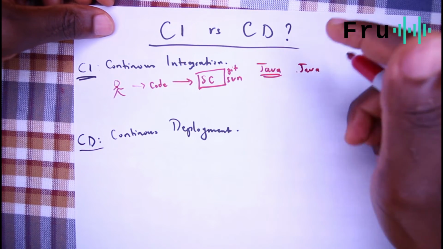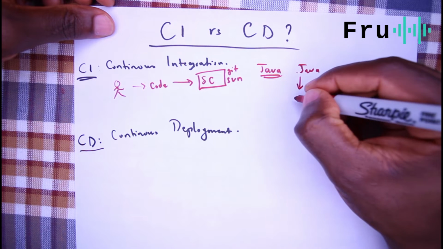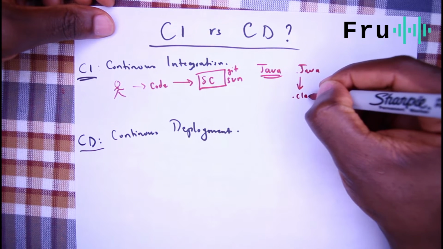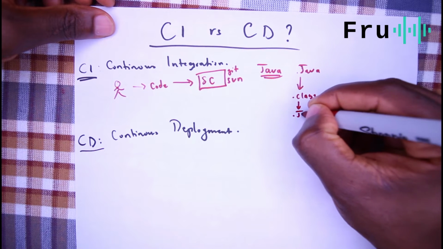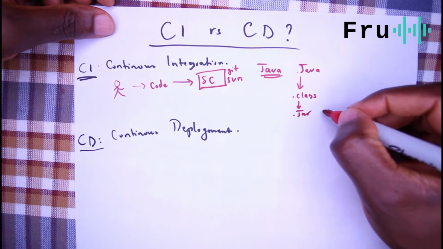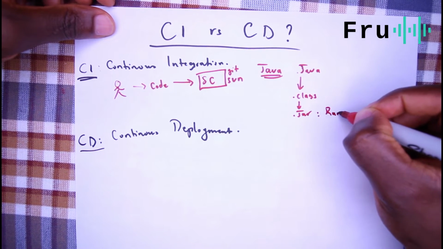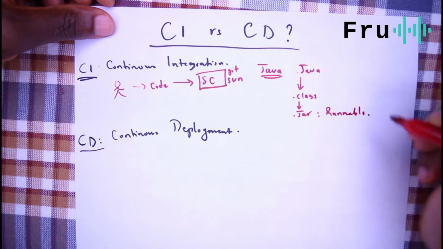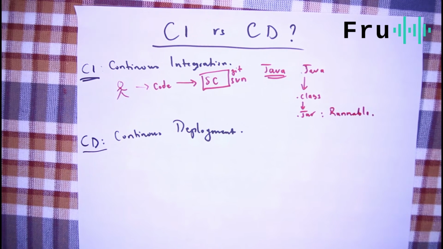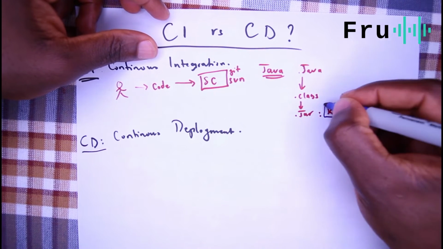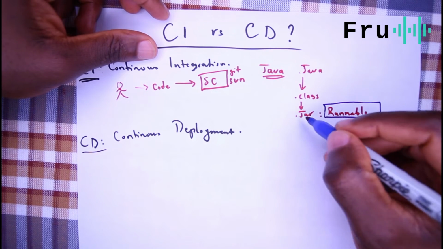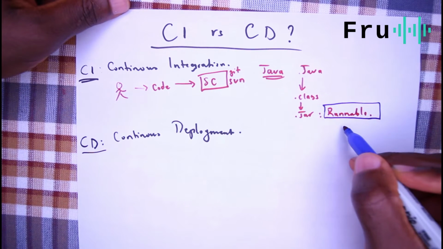What you need to do is compile that into .class and then package it up into .jar. This jar is a runnable. You might hear the term runnable. If you want to run your program, you need it to be in this state of .jar.